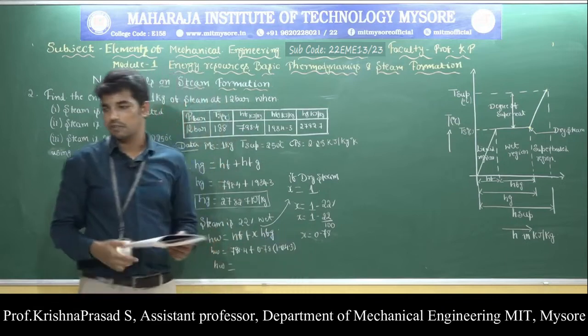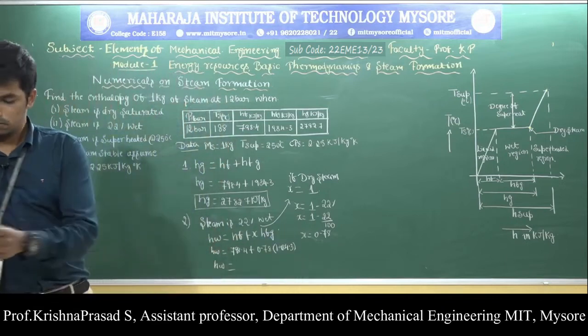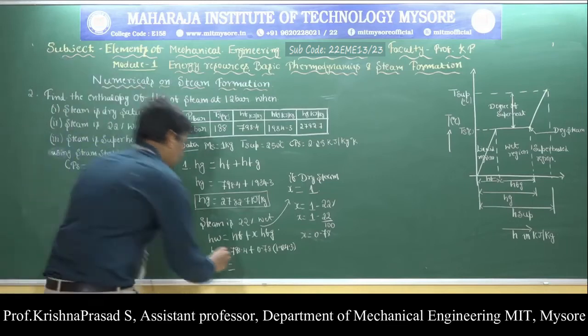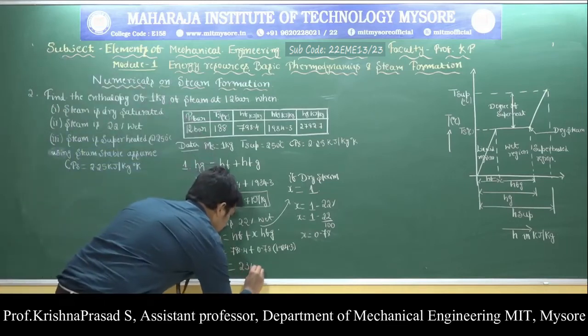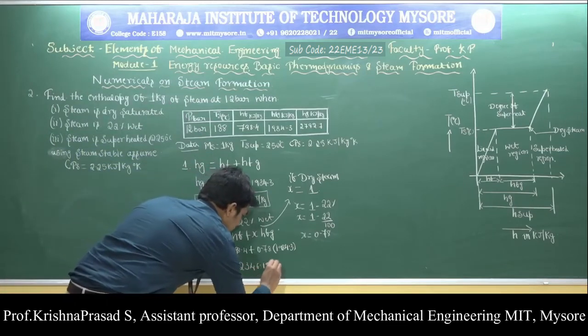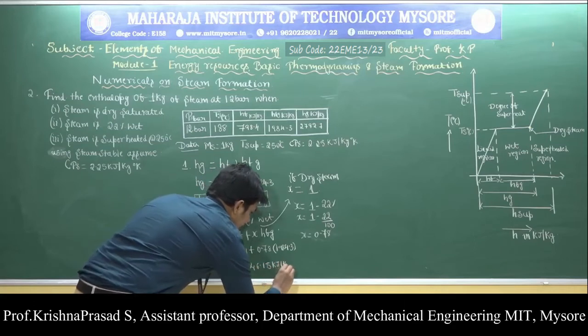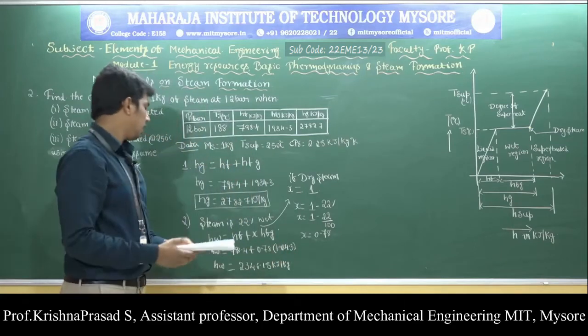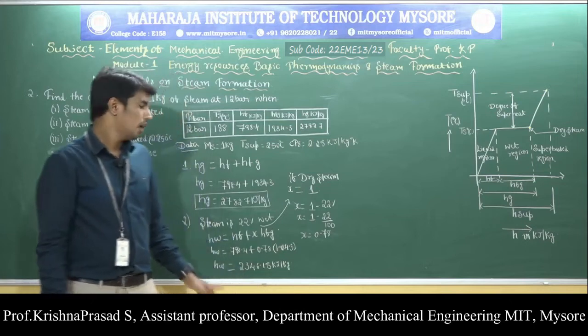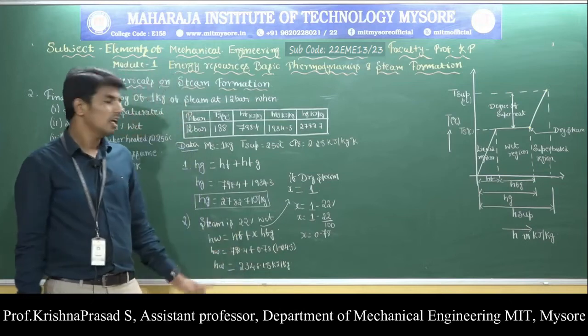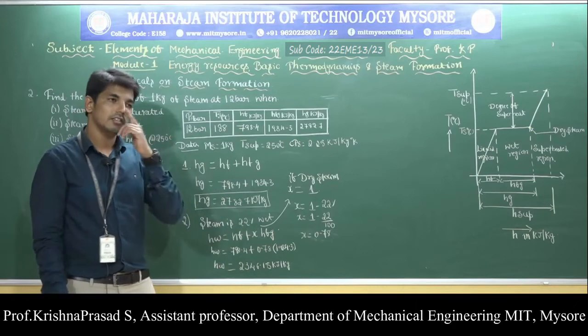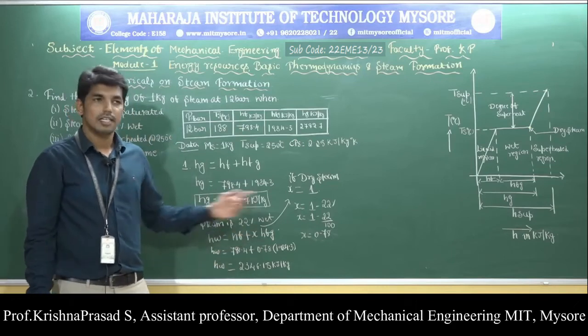By simplifying this equation, we get the value of 2346.15 kilojoule per kg. So this is the enthalpy of the wet steam when the steam is 22% wet, or 0.78 dryness fraction, or 78% dry steam.